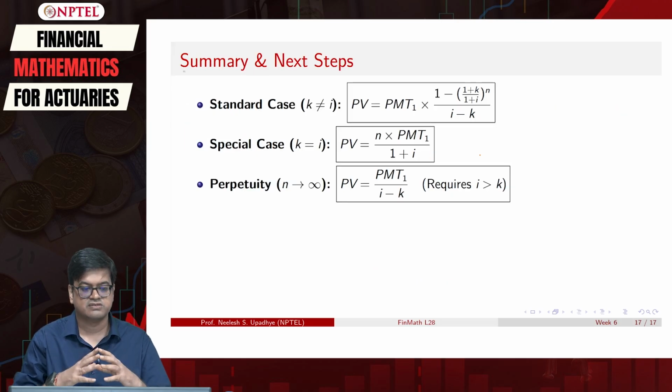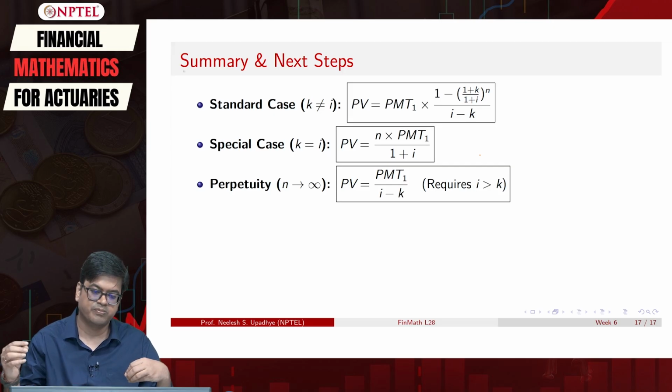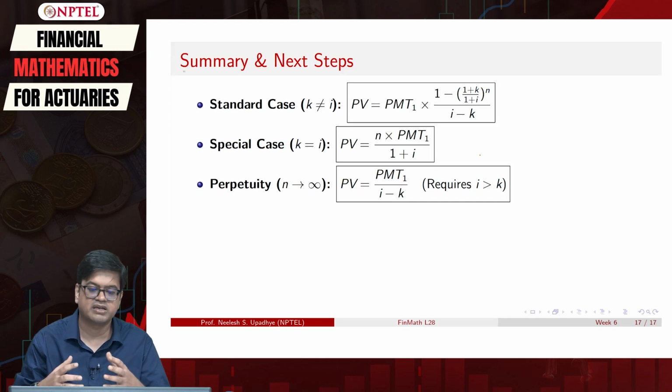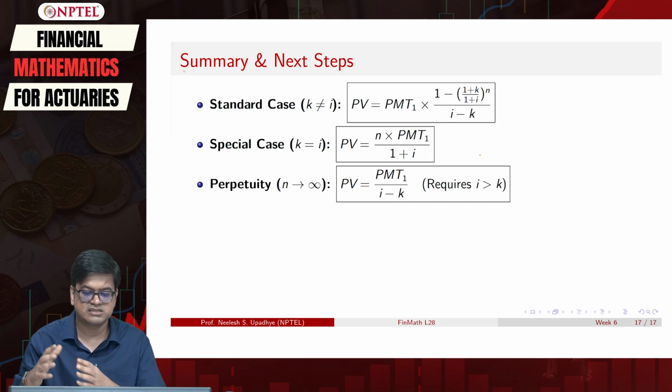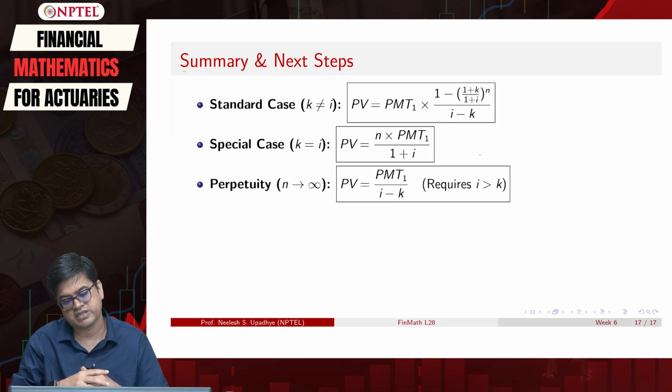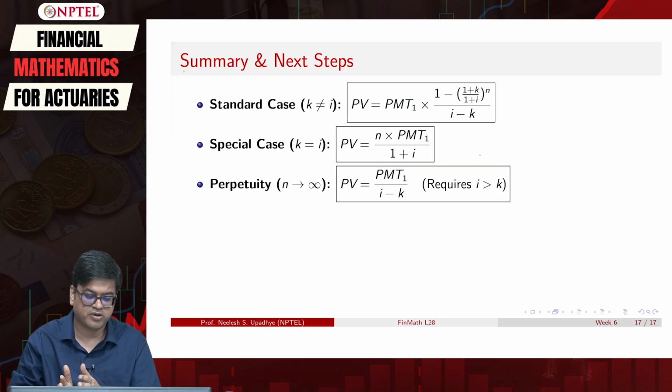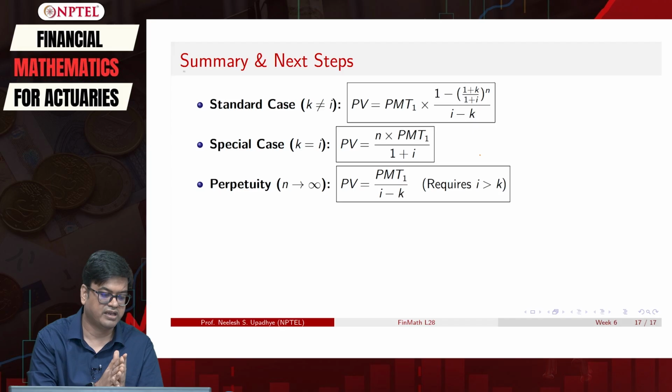First, we understood the standard case where k is not equal to I, and how to calculate this geometric annuity. It is the first payment that matters, multiplied by (1 minus (1 plus k upon 1 plus I) raised to n) upon I minus k. That gives the present value. The special case is k equal to I, where it is PMT upon 1 plus I multiplied by n.